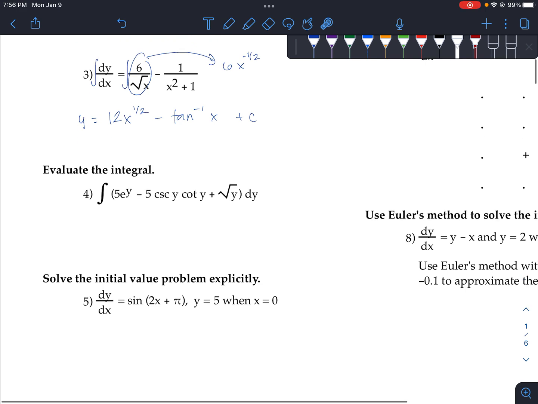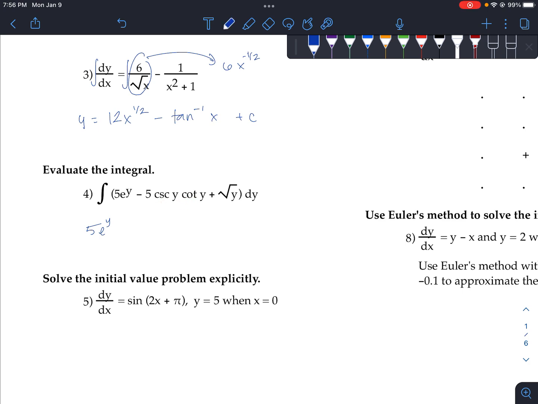For 4, evaluate the integral of this expression right here. Just looking to do some simple antiderivatives. 5e to the y: the antiderivative for e to the y is e to the y, so this remains 5e to the y. This expression right here, you have minus 5 cosecant y cotangent y.